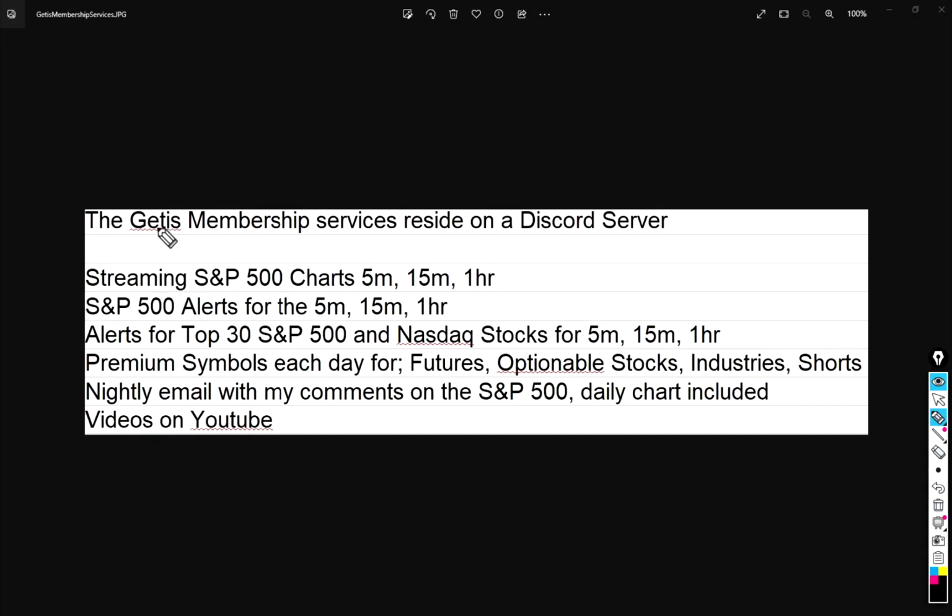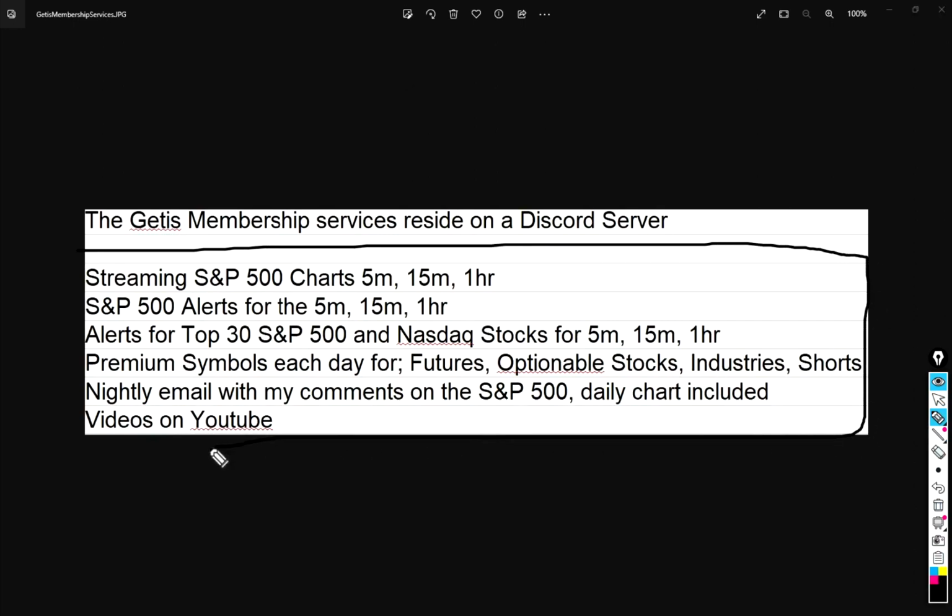Lastly, I covered most of this already, but if you want to pause the video, you can. This is everything that comes with the membership on the Discord server. I talked about the streaming charts, the S&P 500 alerts, top 30 stocks for S&P 500 and the NASDAQ. And the premium symbols, I said I'd touch on that.